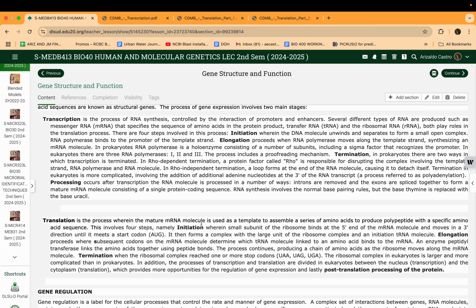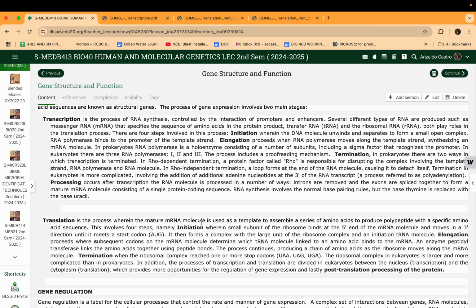In eukaryotes, there are different types of RNA polymerases: RNA pol 1, 2, and 3. And unlike in prokaryotes, eukaryotic transcription has an additional proofreading step that ensures that the transcribed mRNA is faithful to the template DNA strand.